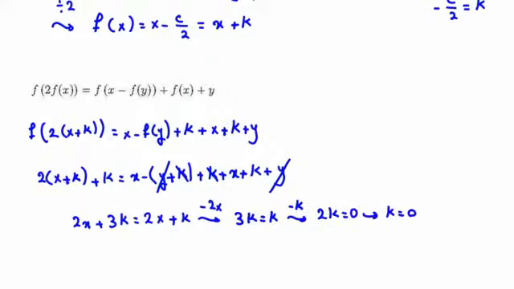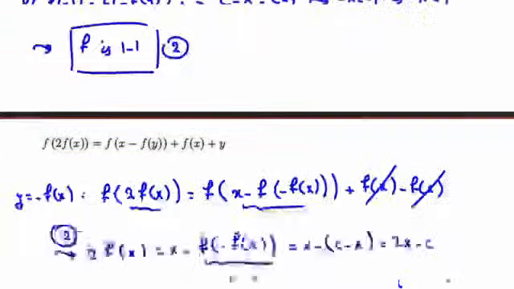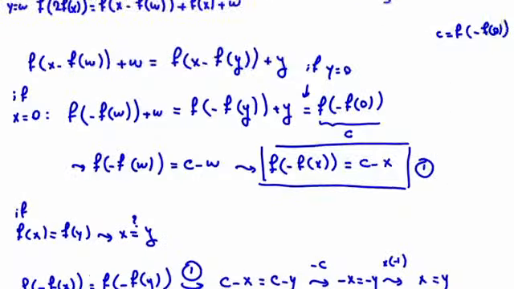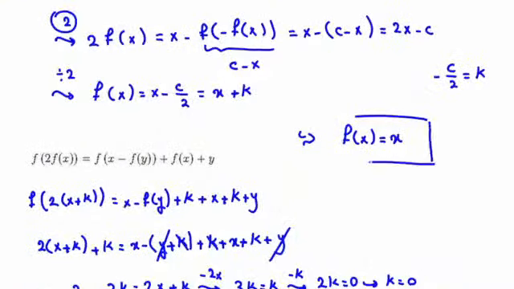And because k equals 0, we can see from these things that f of x equals x, and we've checked that it satisfies this equation. So k equals 0, c equals 0, and it satisfies c, because look, we set c equal to this. When f of x equals x, it is 0, so c is 0. So we've proved that our only answer for this problem is f of x equals x.